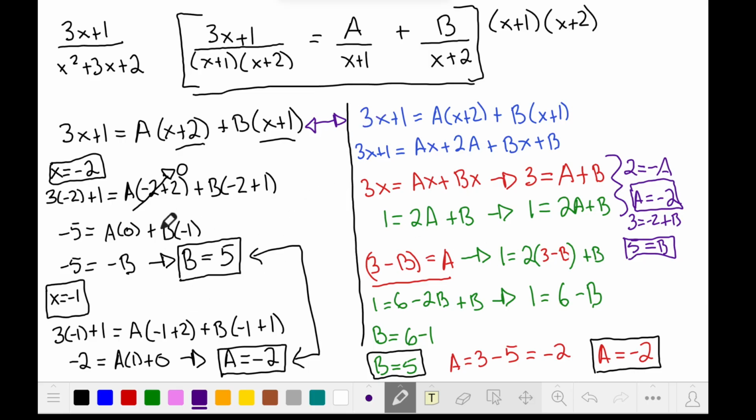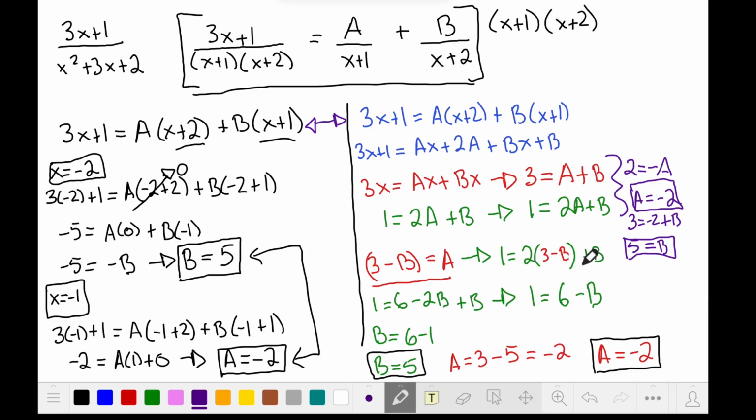Plugging in numbers to get values for A and B. We can give ourselves a system of equations by splitting up the x's and the non-x's, and then we can either subtract the equations from each other in the purple case, or, in the case that there isn't a simple subtraction or simple little step that gets rid of a term in the other equation, we use substitution, where we take one of the equations, solve for one of the variables, then take that same variable and plug it into the other equation.